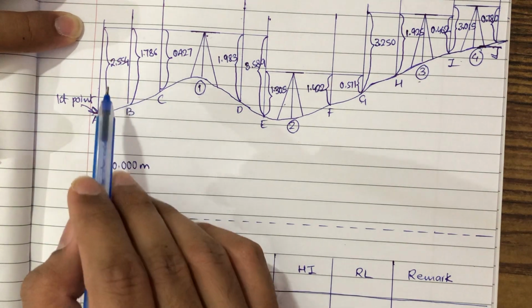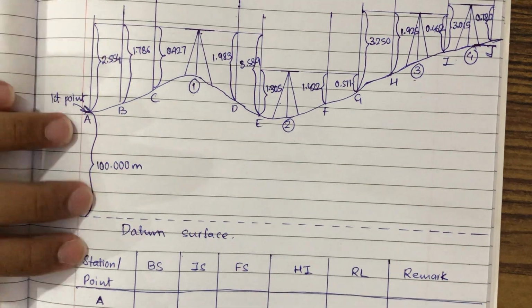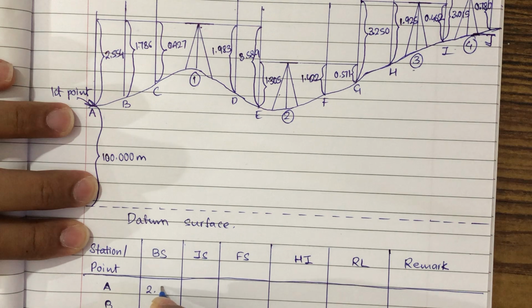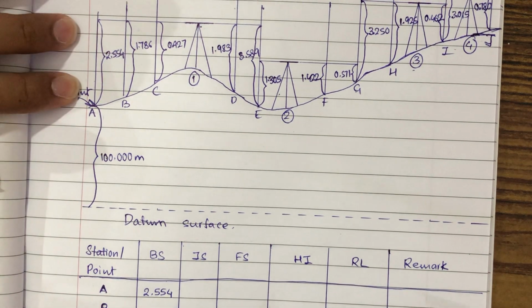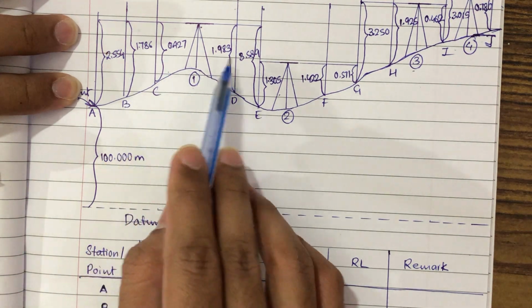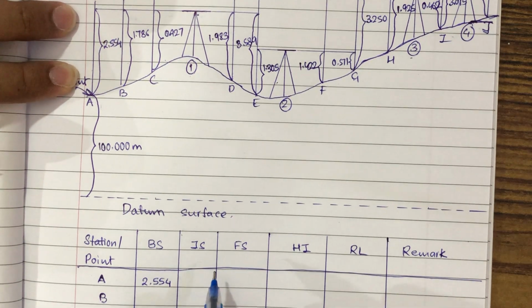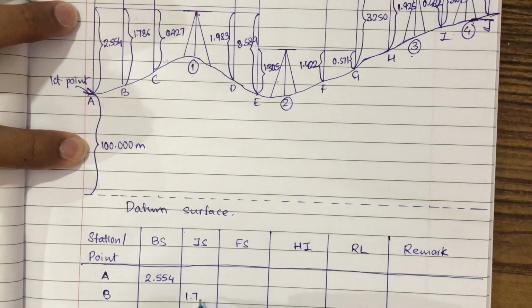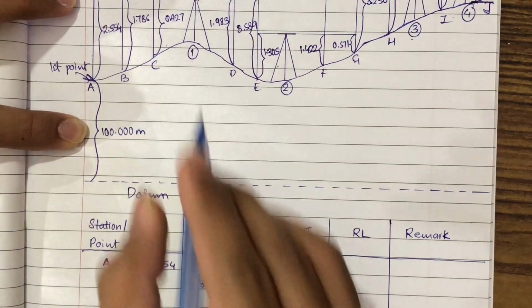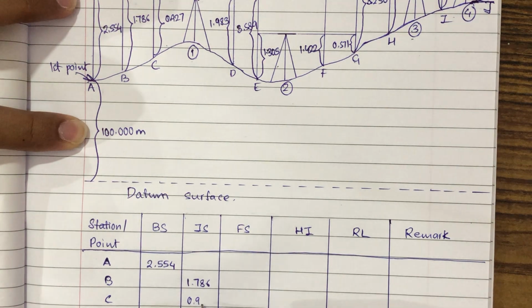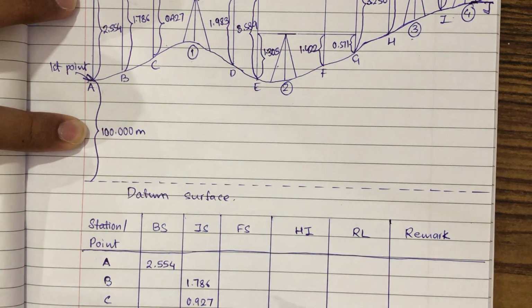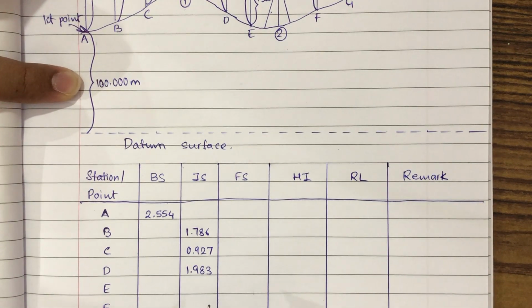So this is 2.554, and it will always come under the backsight column, 2.554. The next readings will all come under the intermediate sight column. So 1.786, then 0.927, then 1.983. All these will come under the intermediate sight column.